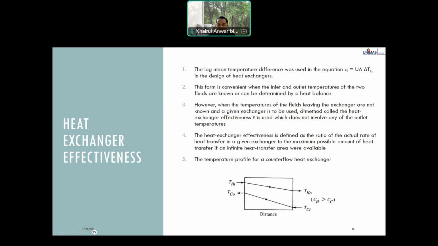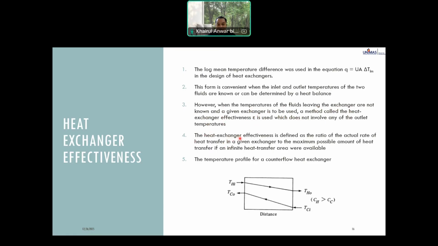However, when the temperatures of the fluid within the exchanger are not known, a method called the heat exchanger effectiveness is used, which does not involve any of the outlet temperatures. The symbol is epsilon.